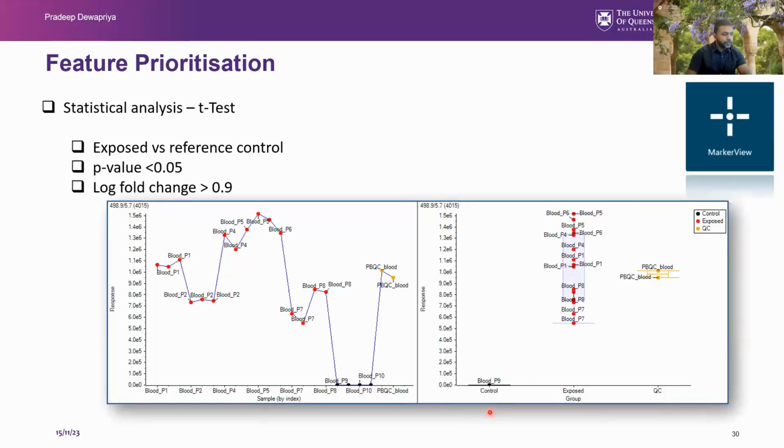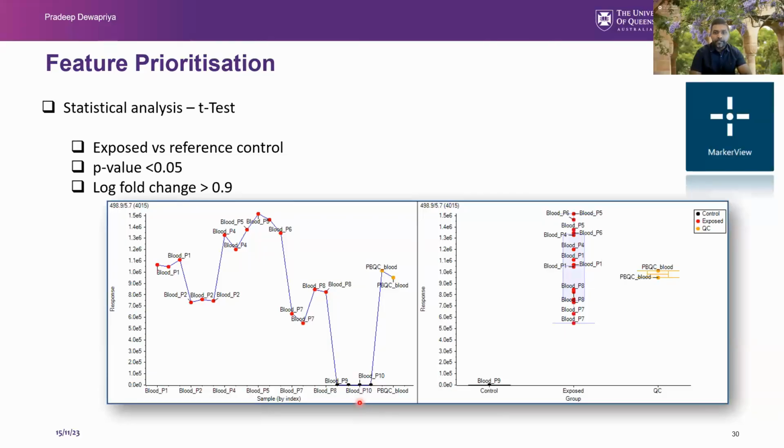Here I'm showing you the PFAS profile. PFAS was detected in high concentration in blood pools 5 and 6, but not in pools 9 and 10, which are our reference control.